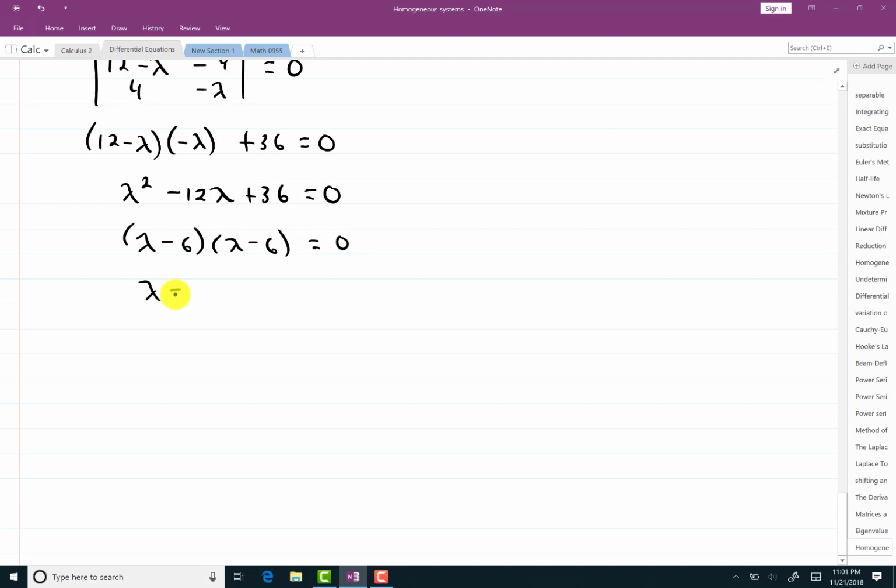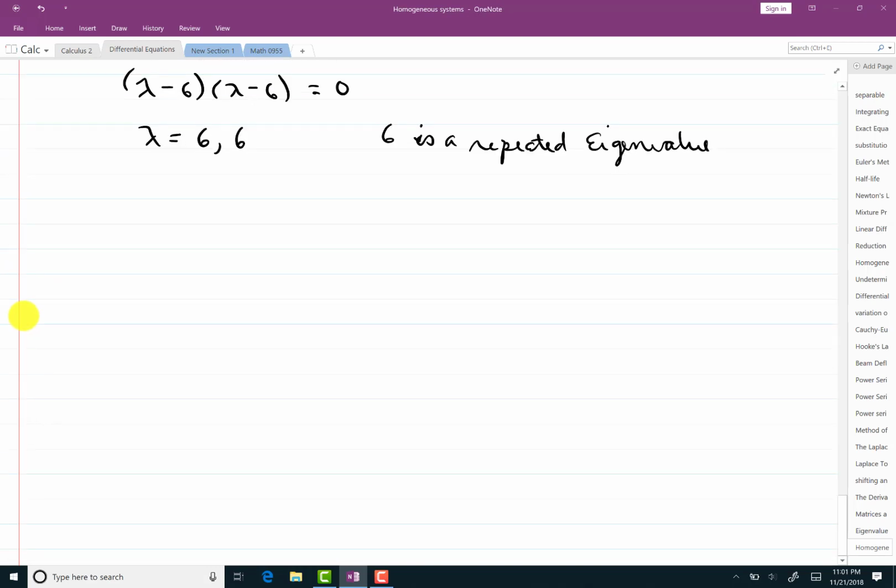So I get lambda equals 6 twice. 6 is a repeated eigenvalue. Now we'll know what to do next depending on how many eigenvectors this gives me. It's possible that this will give me only one eigenvector, or I may actually get two out of the deal. Let me show you how that can even possibly happen.